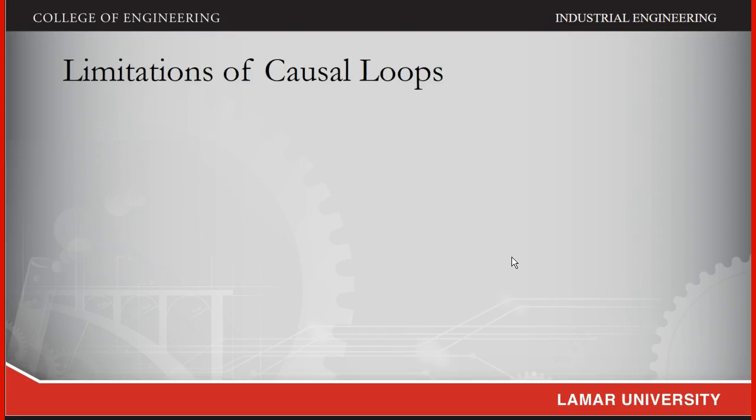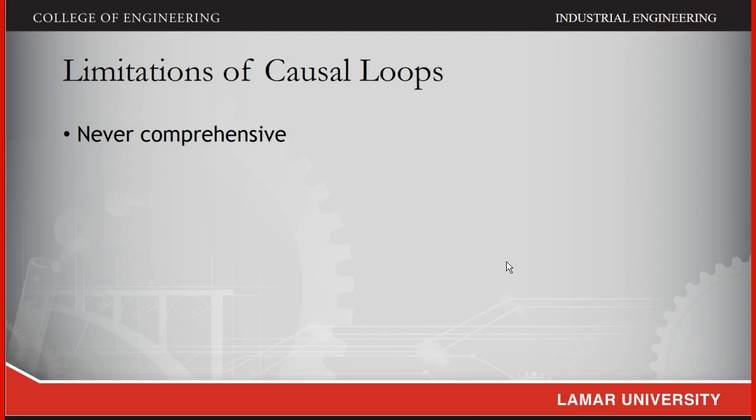Finally, talking about causal loop diagrams, they are not perfect. They have limitations. One is that you can never really finish a causal loop diagram. They're always provisional as you go learning about what's happening, because we're always learning about what's happening.